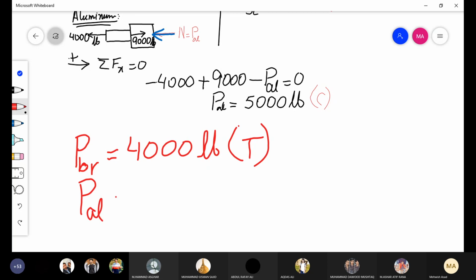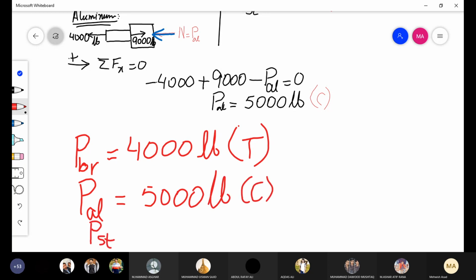PAL is 5,000 pound, and this is compressive. PST is 7,000 pound, and this is also compressive. So we have internal forces.